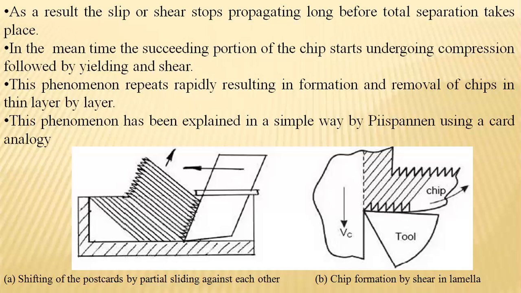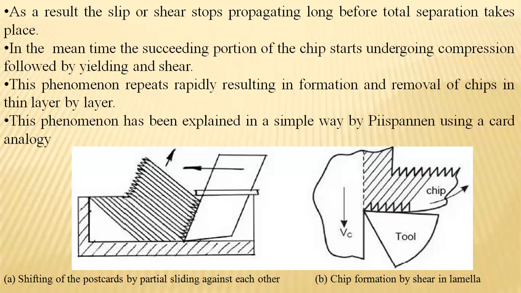And this is the phenomenon which has been explained in a simple way by Piispanen using a card analogy method. It is nothing but the shifting of postcards by partial sliding among each other, just like playing cards.